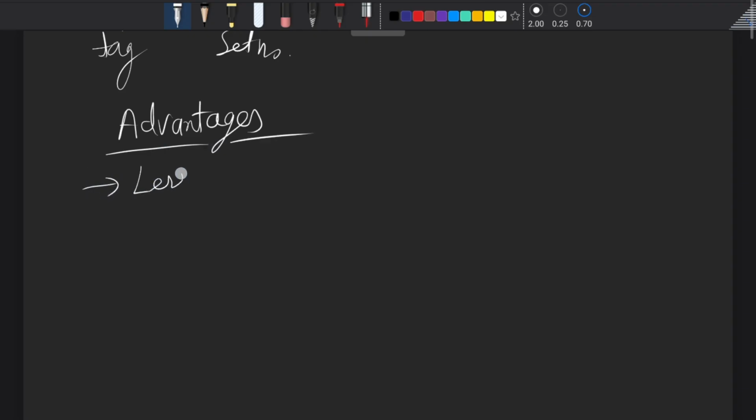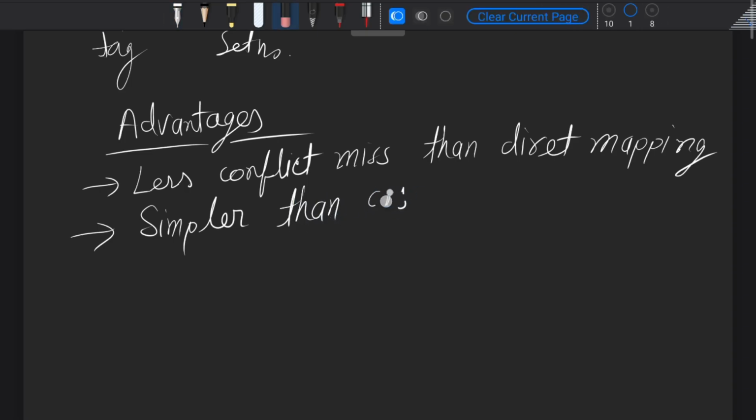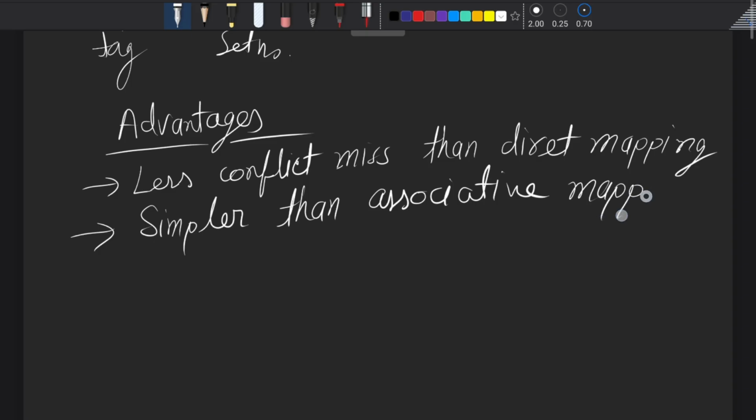First of all, less conflict miss than direct mapping, because of course it provides us the freedom to choose any cache line inside the set number that we calculate through the formula, and it is simpler than associative mapping because it gives us a formula to choose the set, while in associative mapping we were allowed to place any memory block in any cache line, which was very complex to calculate, and thus it has a very good performance.